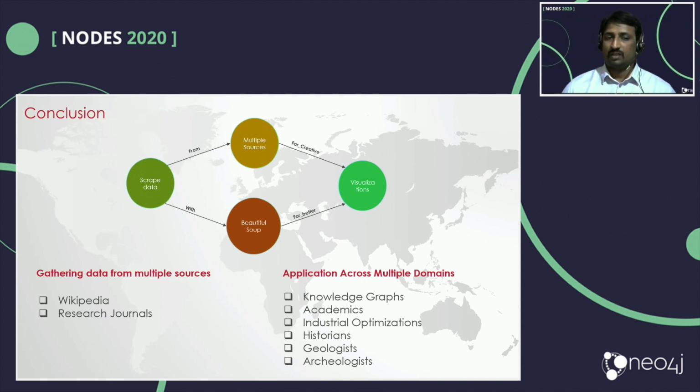We gathered multiple sources from Wikipedia, research journals, and these kinds of visualizations are definitely helpful in academics and for historians. As we see now, it is used across domains because to get much deeper insights, especially for exploring any kind of correlated data, it is really interesting in any context.